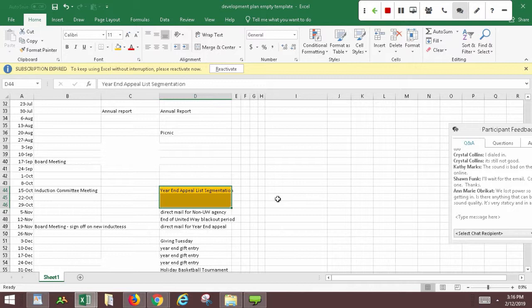And customize those letters. Even customize the ask in them based on perhaps their average gift in the past, or their largest gift in the past, etc. So these things are what's happening in your development calendar now for almost every organization that's going to do a year-end appeal.